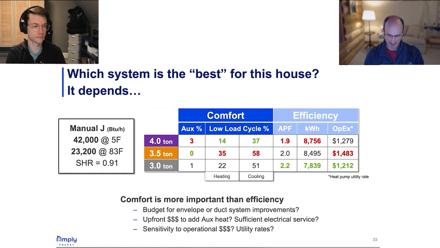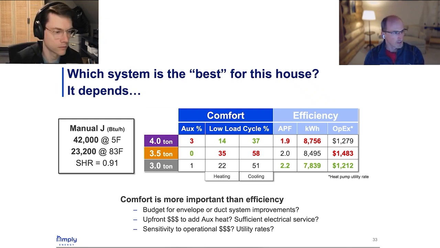Love that. All right. So the thing I love about this is that it's a trick question. That may be the quote-unquote best solution for this house, but it really depends on very specific trade-offs you need to be thinking about. Comfort and energy efficiency is one of them, but that 4-ton unit, we're saying we've got to have heat strips and it's a decent amount, but maybe this home only has a 100 amp panel.